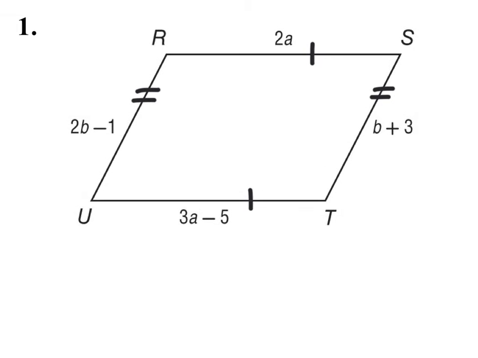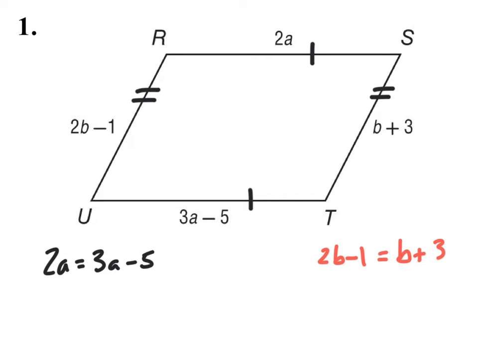So I'm going to set up the equation and say that 2a is equal to 3a minus 5. And I'm also going to set up the equation 2b minus 1 is equal to b plus 3.